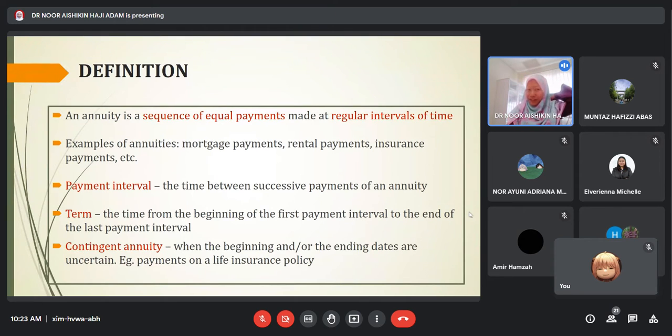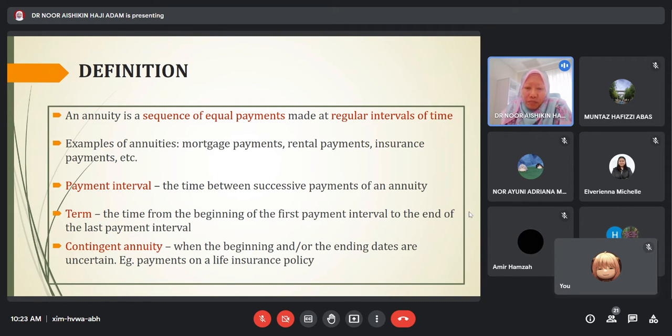So the ending date tu tak certain. Beginning of course lah, bila kita mula. Now, we are not looking at contingent annuity. The kind of annuity that we are looking at, it's confirmed when the beginning and the ending dates are. Is given in the question. Ataupun you kena cari one of the dates. Okay.